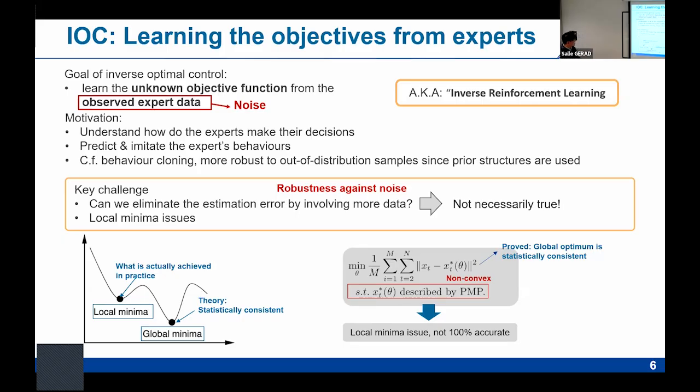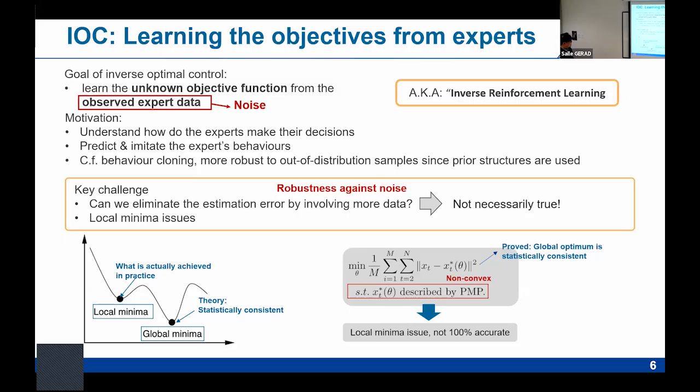The third thing is that since you have some explicit structure in your objective function, compared to behavior cloning, you use more prior information, so it is more robust to out of distribution samples, and you probably need less data to train.